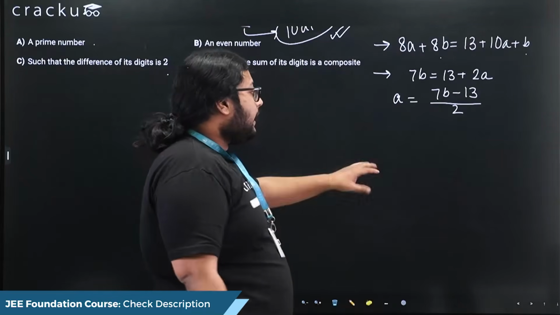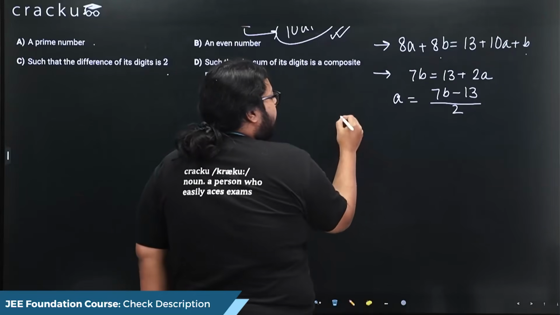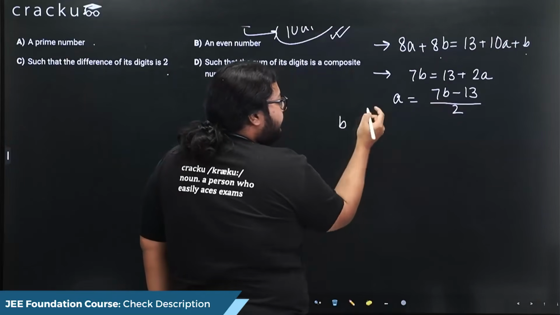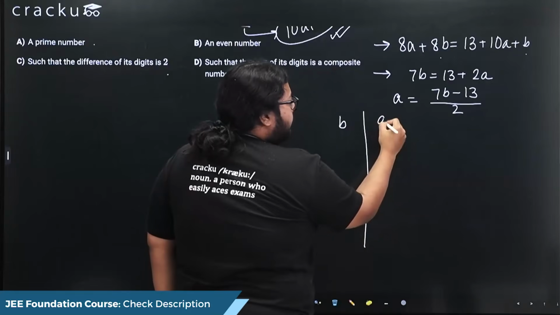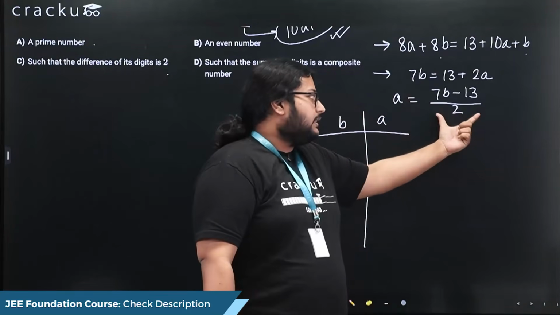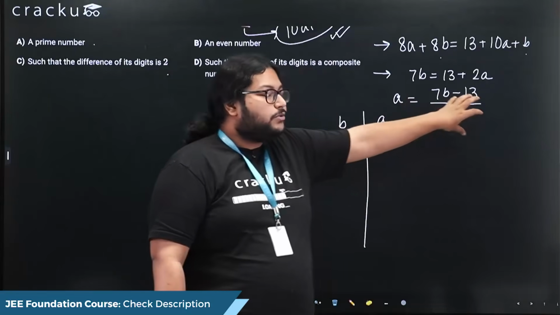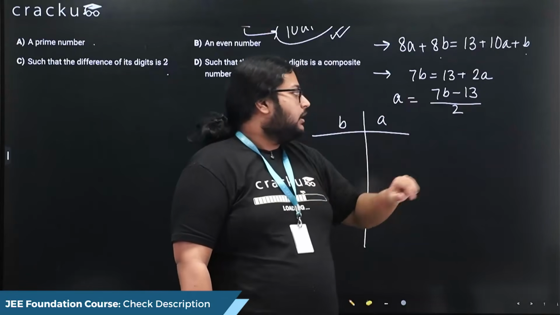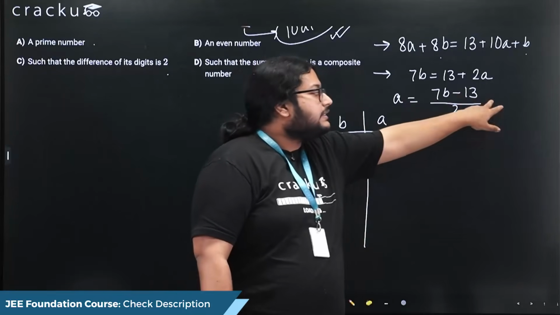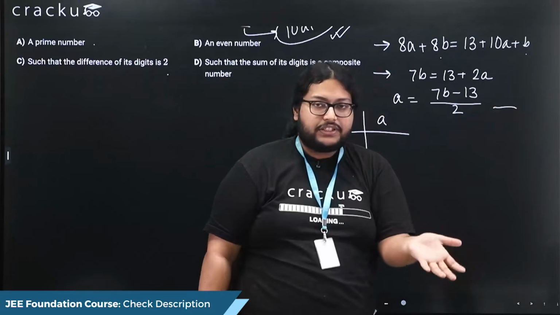Okay. Now, what can be the values of B? I'll put in B and see if I get valid values for A. A has to be something from 0 to 9. It is divided by 2, which means this number doesn't leave any remainder.